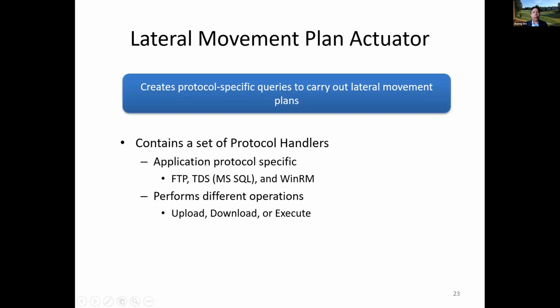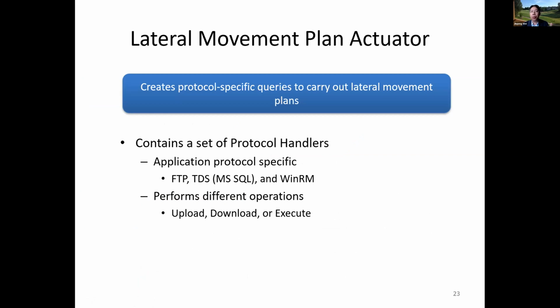Okay, so the last component is the lateral movement plan actuators. These actuators are protocol specific, so they know how to create the protocol specific queries or payloads in order to carry out some actions.